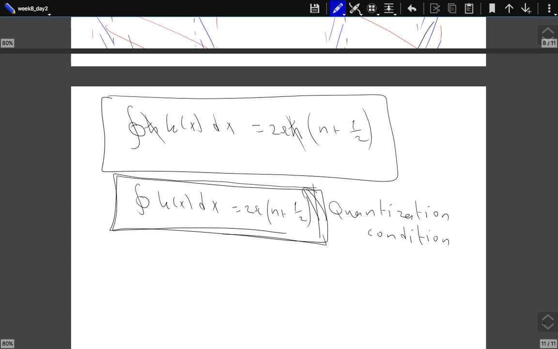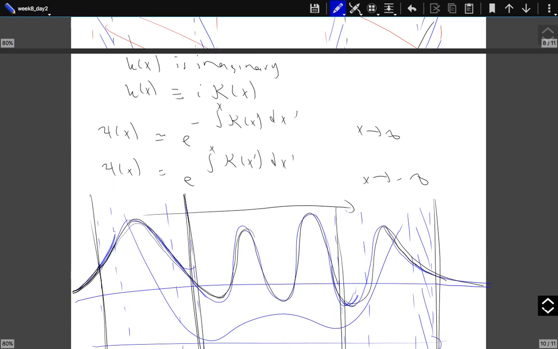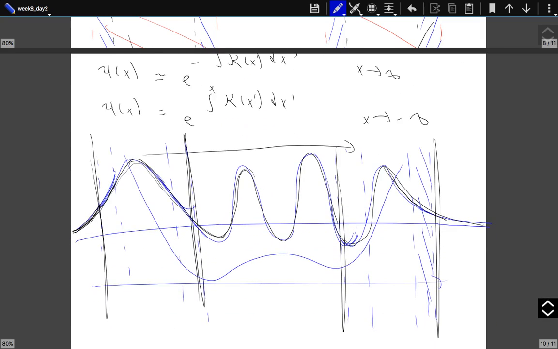Well, another way of looking at it is, you see, if you just consider these waves, we are basically moving from one turning point to the other one and back. If your particle just starts from one turning point, goes to the other one and comes back, it's at the same point, so it should have the same phase. The wave function should be the same. Well, the wave function has a single value at every point.